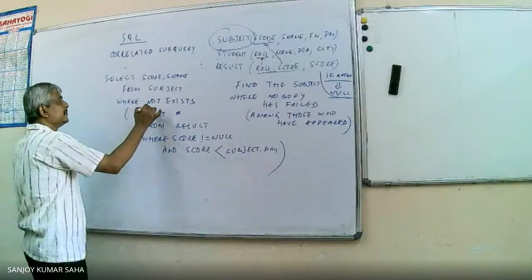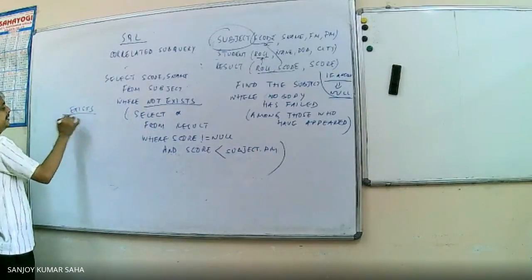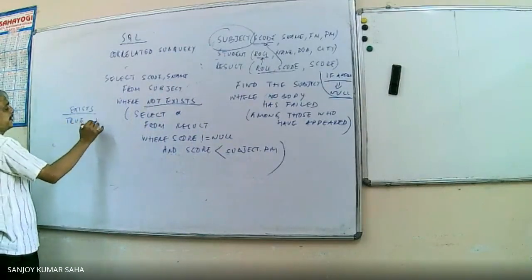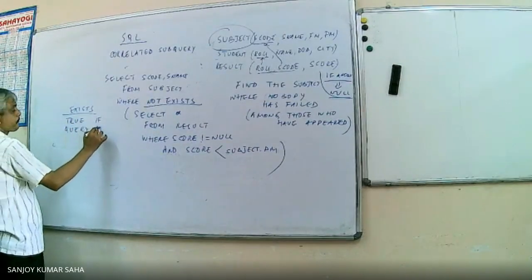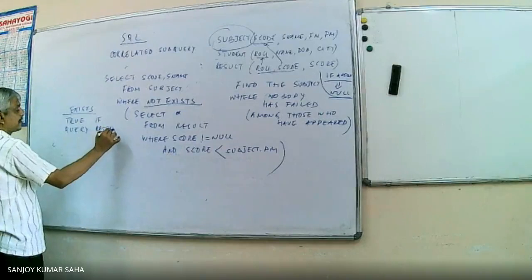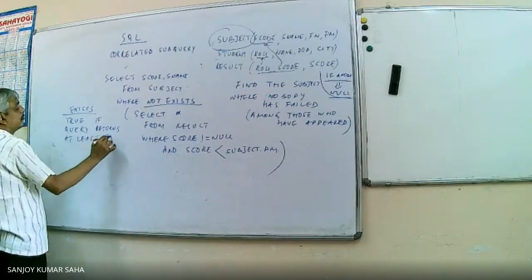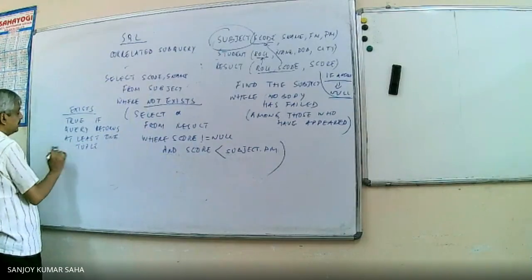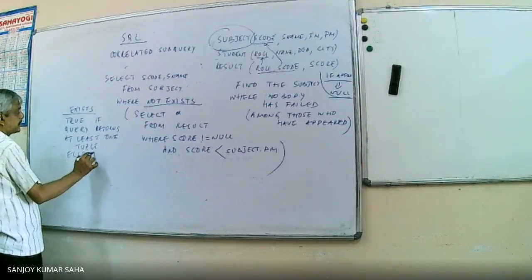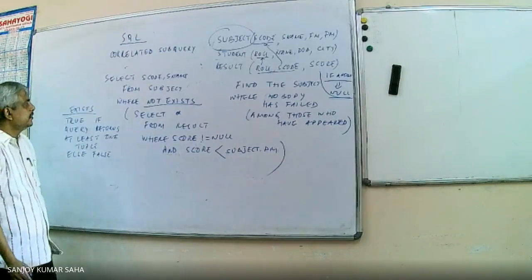Now see, this exists operator gives true if the query returns at least one tuple as the outcome, else false. So obviously not exists will be reversed.